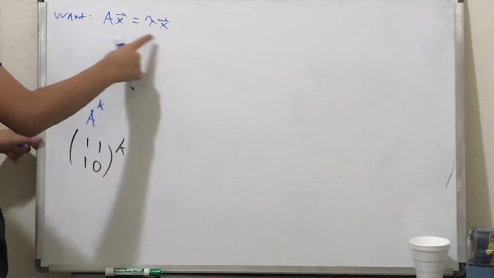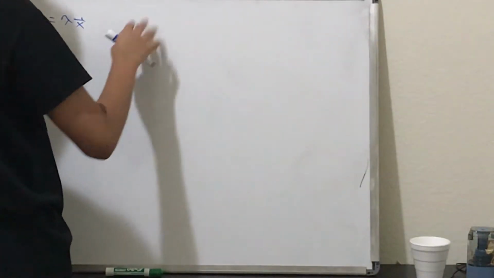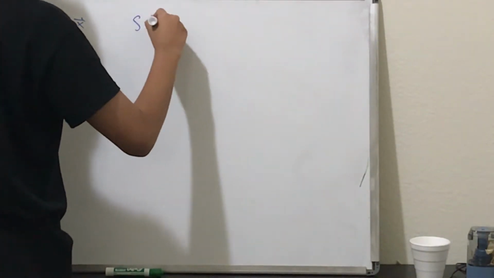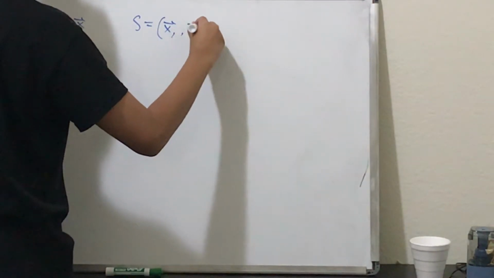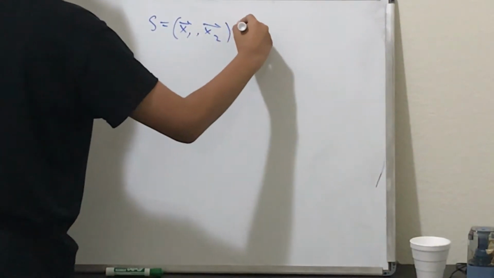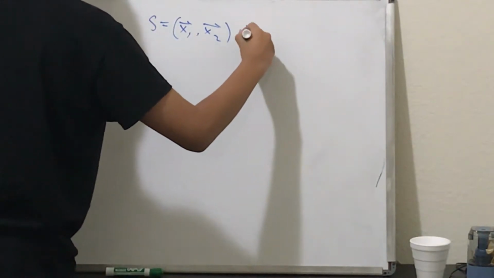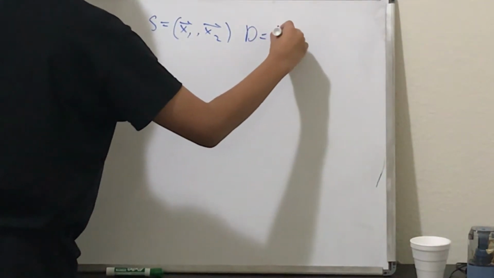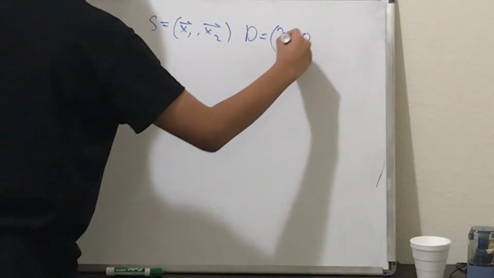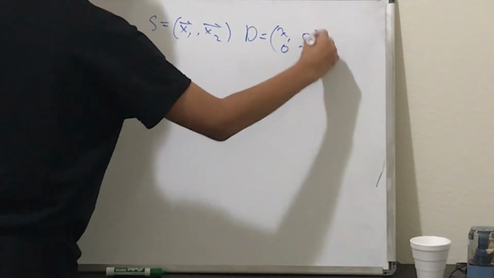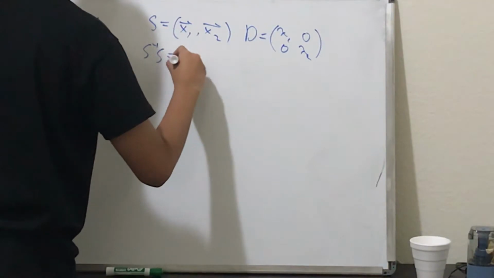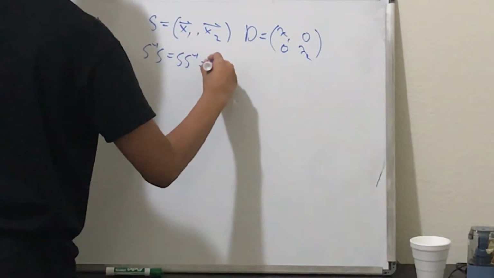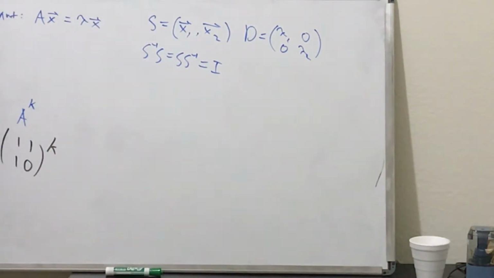And if you find x and lambda, then we can have S be the two values x1 and x2. And we could have D, which is a diagonal matrix with the form lambda 1, 0, 0, lambda 2. And then we have S inverse, which follows these properties right here.